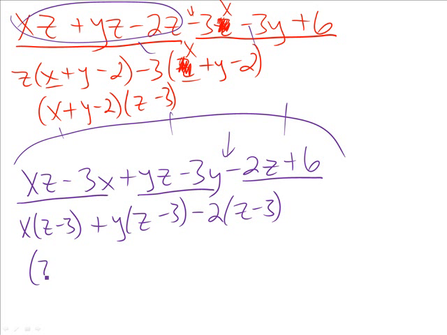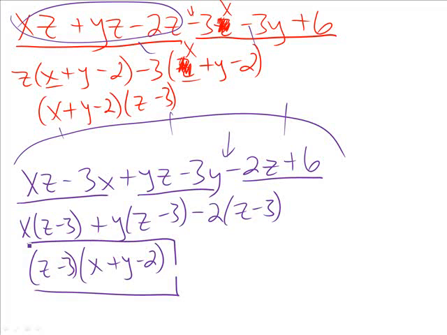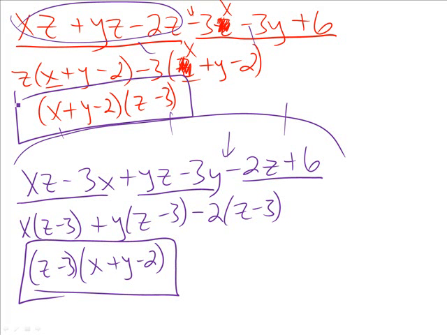Now we have a common z minus 3, and we can pull that out of all 3 terms, and we're left with x plus y minus 2. It's the same thing we got up there. Different order, but the exact same thing.